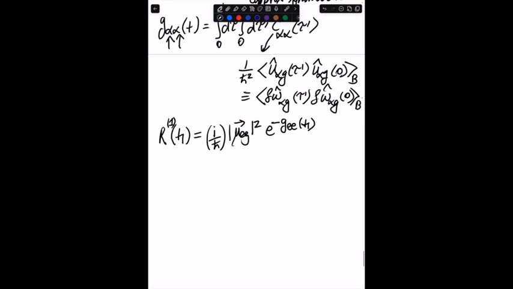And along with that, you have the e raised to the power minus i omega eg t1, minus its complex conjugate, which will be positive i omega eg t1.